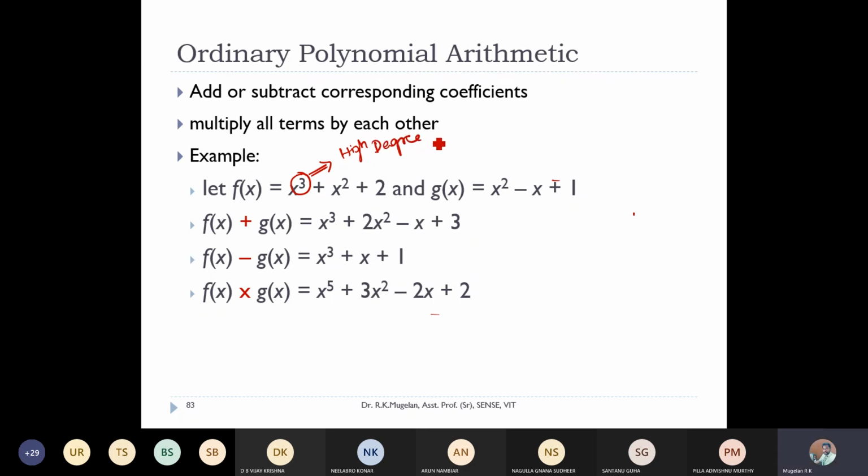So after adding these two polynomials, the resultant polynomial's highest degree is also 3. It is not exceeding 3. So if you get x power 2, it is okay because it is within the set. If you get x power 1, it's okay. But if you get x power 4, x power 5 and so on, it is moving out of the set, since the highest degree is itself 3, and anything greater than 3 is out.